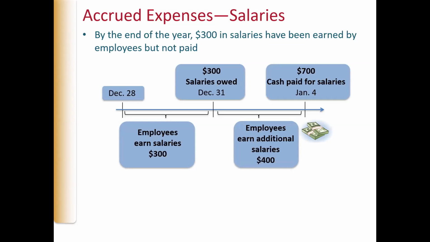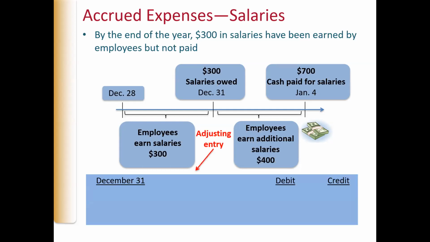They're not going to get paid until the next period. So we have to show on December 31st a salaries expense of $300 and a salaries payable of $300.